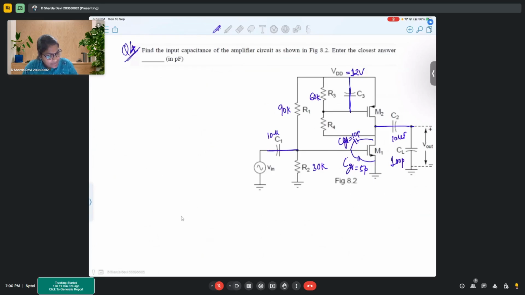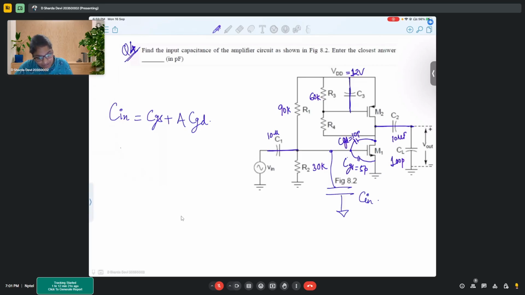Now, the capacitor I'm talking about is this CN capacitor. We know CN would have CGS plus the Miller capacitance CGD, and it would be almost gain times CGD, correct? Because of the Miller effect.